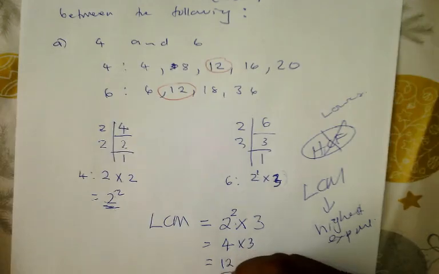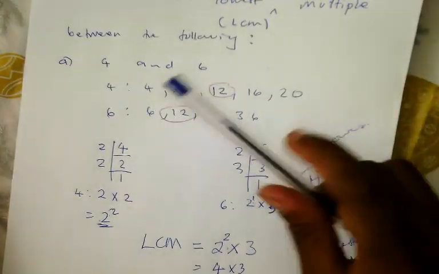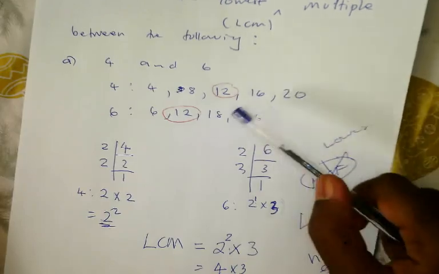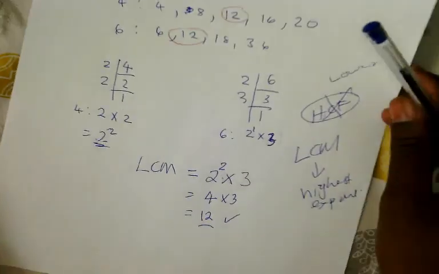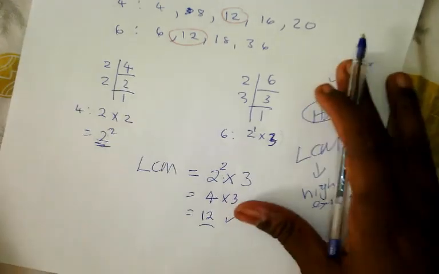So either way, you're going to get the same answer, whether you use this method, which sometimes might be a long method, or this one. Either way, it's going to work. Let's do a few more questions. I'm going to do 2 more, and then we'll leave you guys to do the rest of the questions.